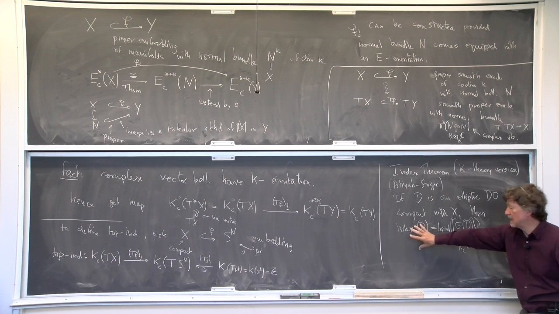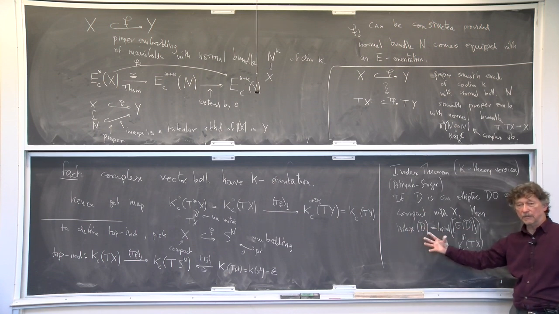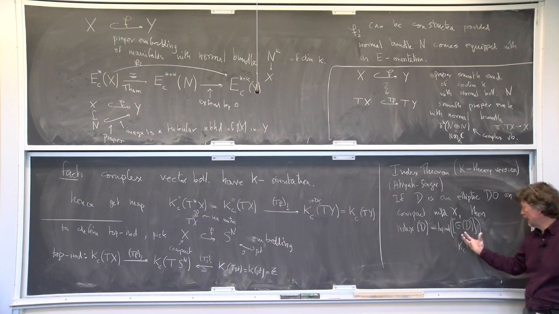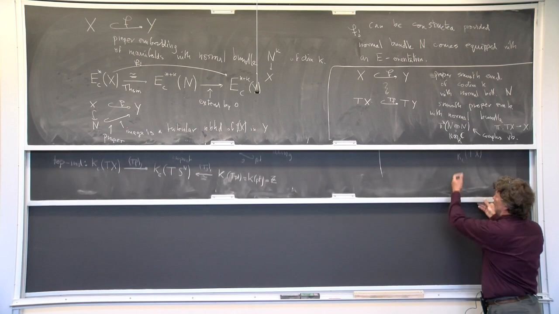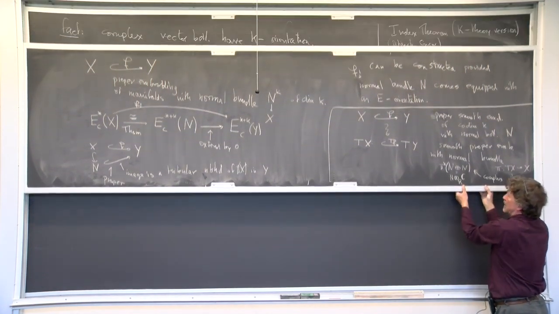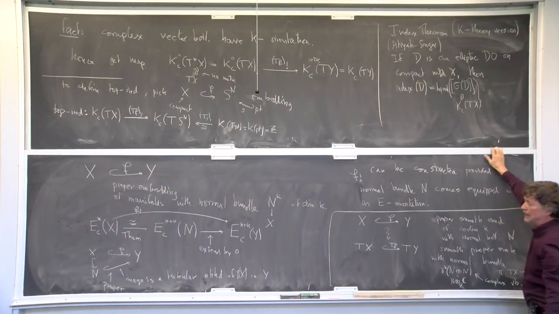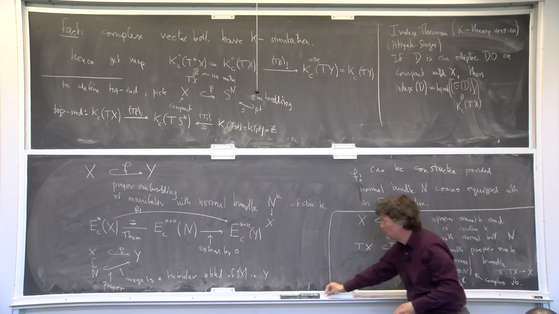So the left-hand side is sort of the analytic side, where you talk about the index of an elliptic operator, and the right-hand side, that's pure topology, and you're talking about K-theory classes, and you push them around, right?